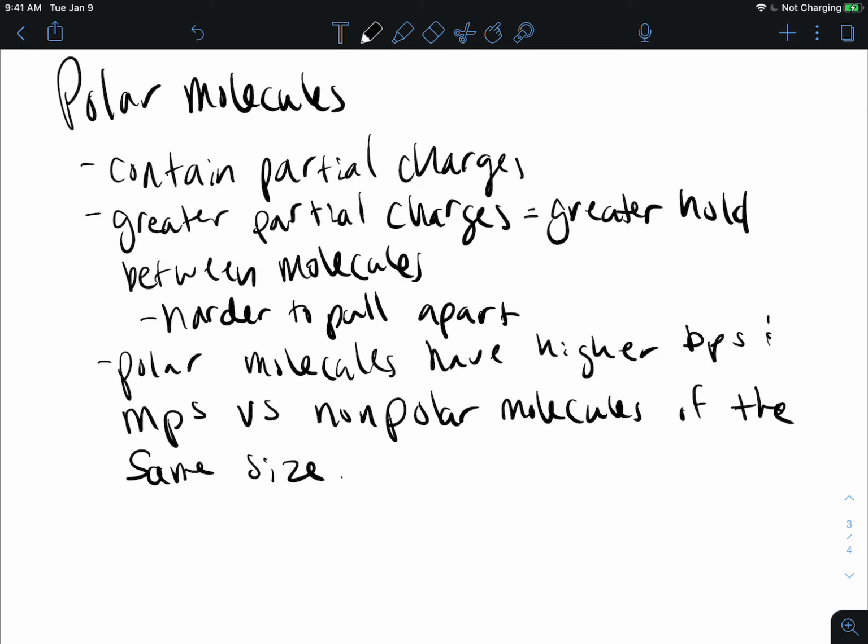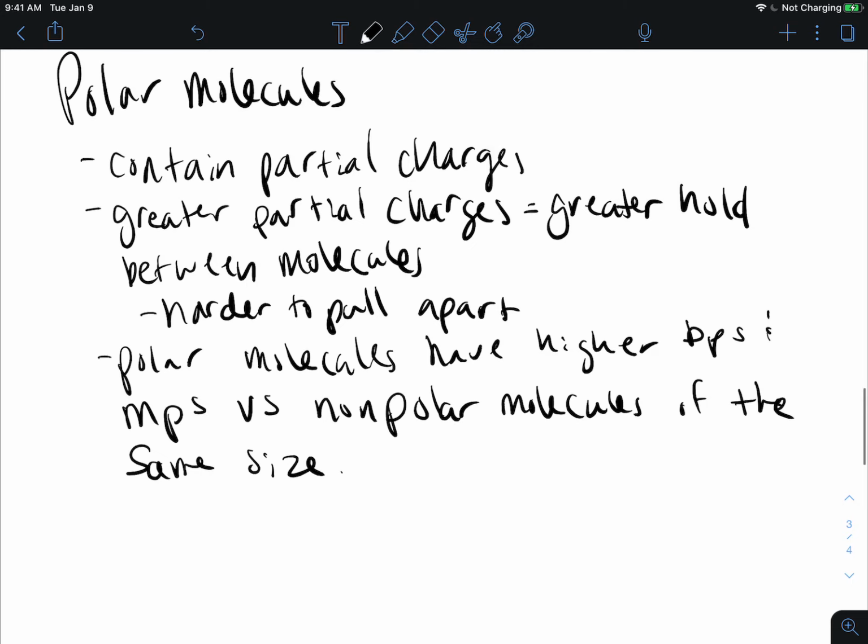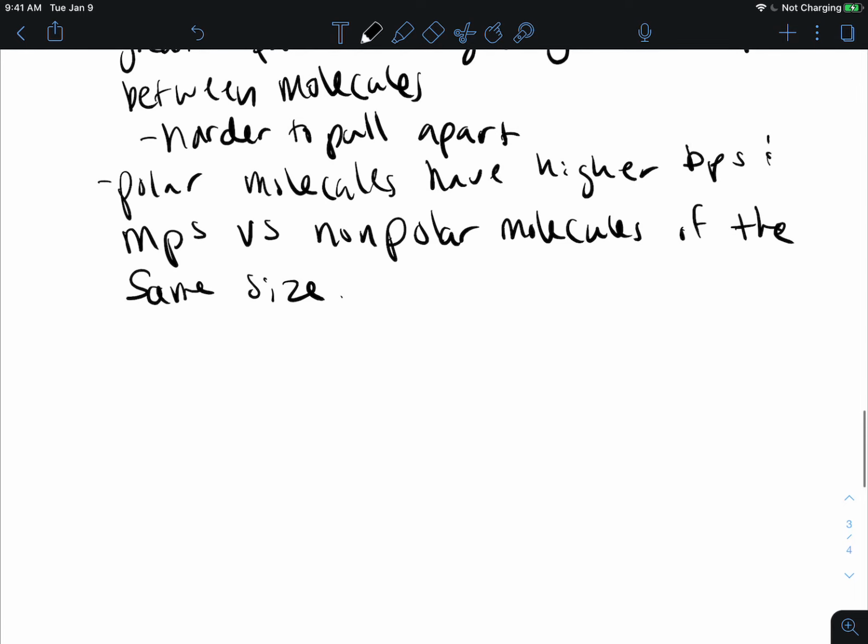They are also going to interact with each other. Polar molecules will interact with other polar molecules because they all have partial charges. But polar molecules and nonpolar molecules are not going to interact very much. So we would say that polar molecules can dissolve in other polar molecules, while nonpolar molecules will not dissolve in polar molecules. So they will have different solubilities.